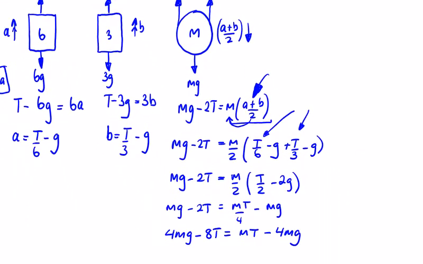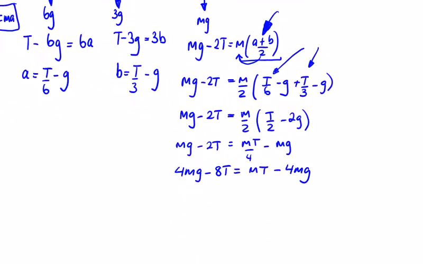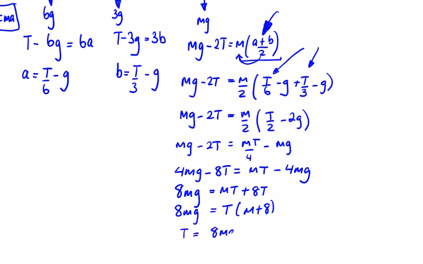So we want T equals. So let's simplify this down to get T equals. So we're going to have 4mg plus 4mg, so 8mg is equal to mT plus 8T. So factor out your T to get (m plus 8) T equals 8mg. So we're going to get T is equal to 8mg divided by (m plus 8).